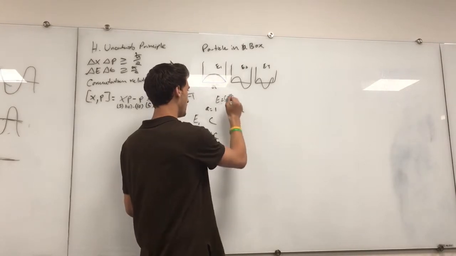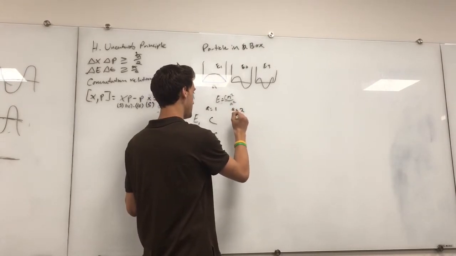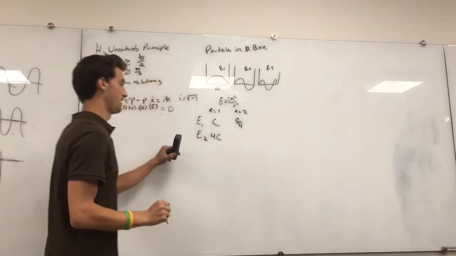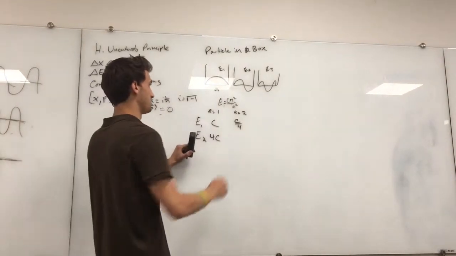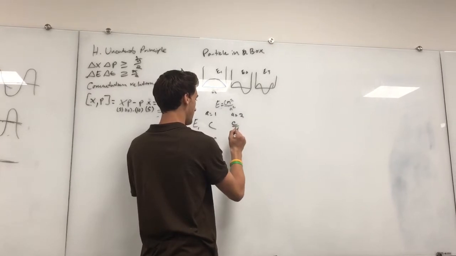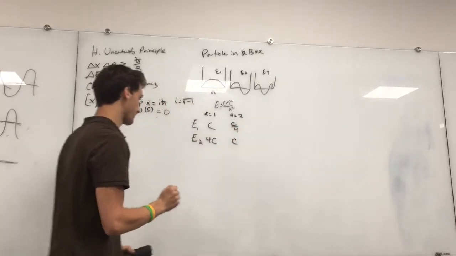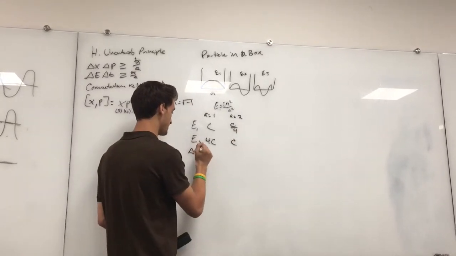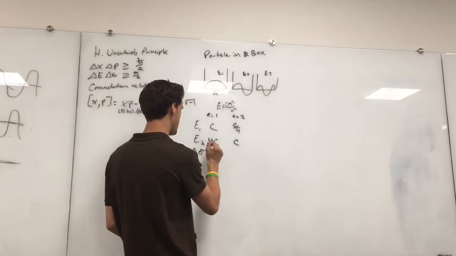We get C over 4. And then for the second energy level, we get just C. So let's take the difference of the energies. For this one, the difference of energy is 3C.